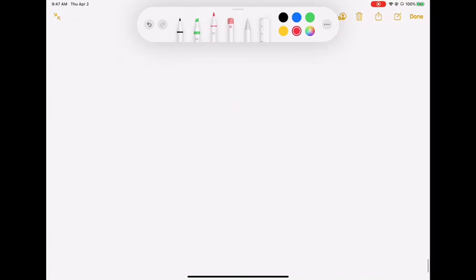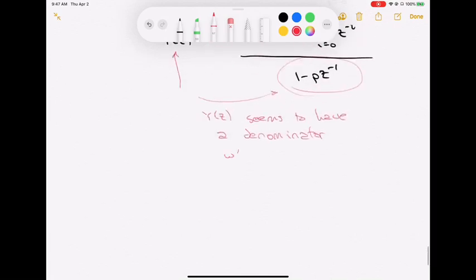If I solve 1 minus p z to the minus 1, set it equal to 0, I get z equaling p. It seems to have a pole at z equaling p. If I inverse z transform that, what do I expect?